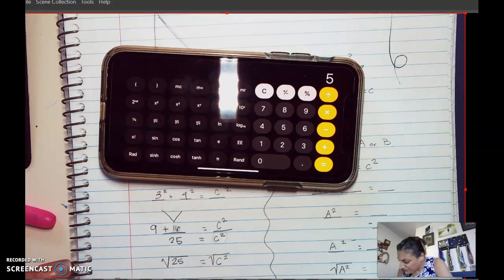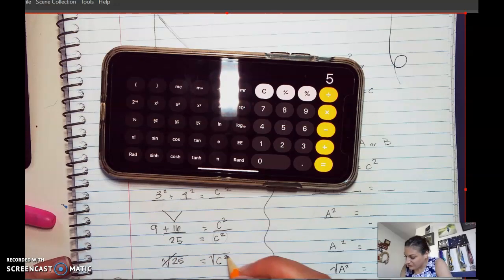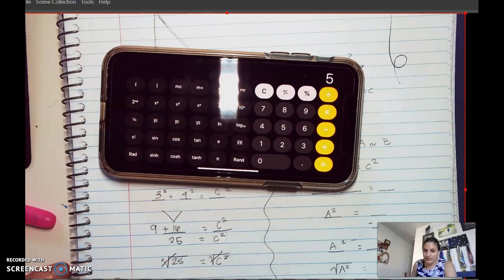Sometimes you're going to get a decimal. The idea is that the way plus and minus are opposites of each other, a square root and a square are opposites of each other. So that makes your c isolated. If you don't know how to square something, it's not the same as multiplying it by 2.